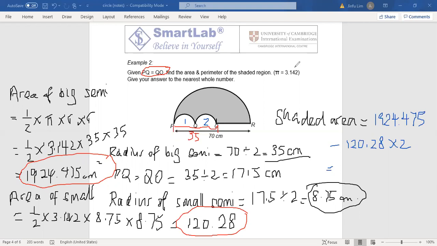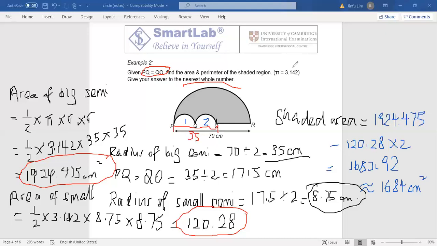You'll get 1683.92. So the question asks you to round off to the nearest whole number. You round off, you'll get 1684 cm squared. So this will be the shaded area.